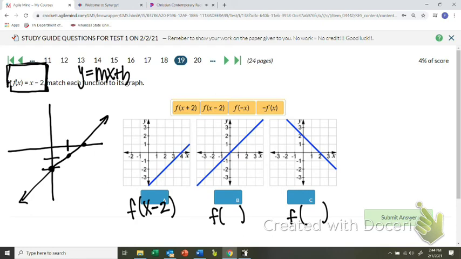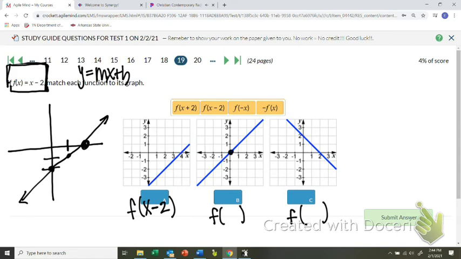All right. So why did I put x minus 2? Because it went to the right. All right. Now, the second one, it moves back to the left, to the center, right? So we started here at 2, and we went back to 0.